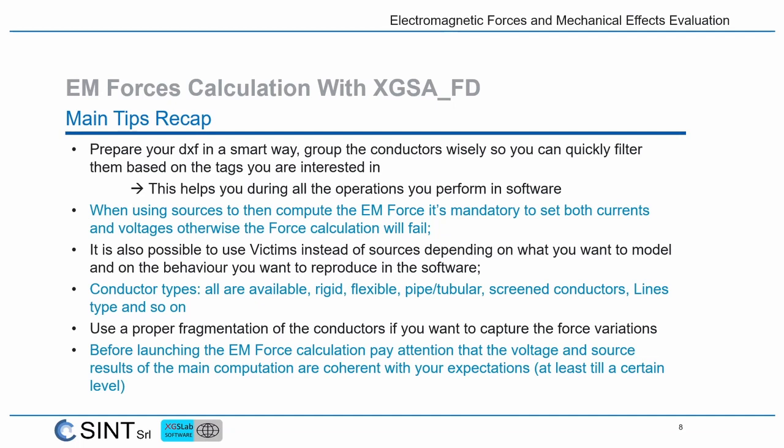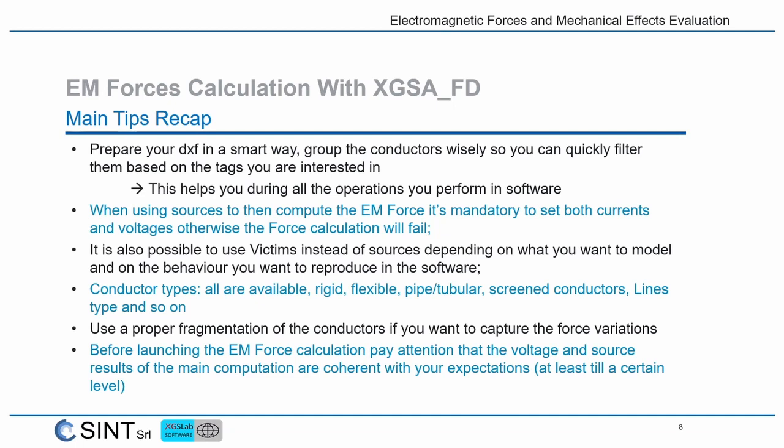When using sources to compute the force, it's mandatory to set both currents and voltages. Otherwise, the classic computation will not have any trouble, but the force calculation will fail. It is also possible to use victims instead of sources, depending on what you want to model and on the behavior you want to reproduce in the software, as we have seen before.